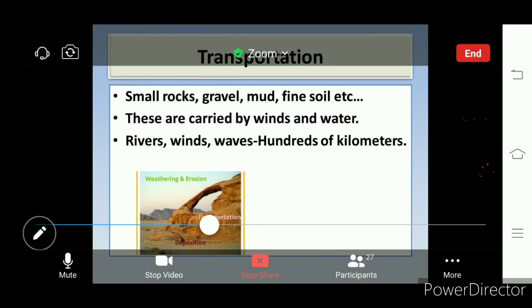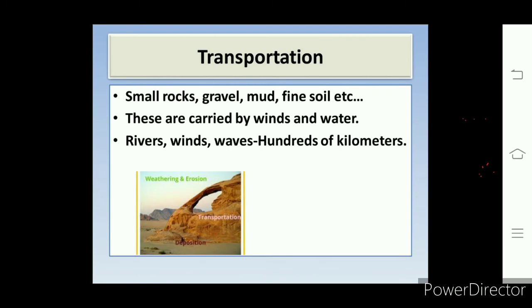The next is transportation. Whatever particles of the mountains and earth surface are eroded by water and wind are carried by the wind.